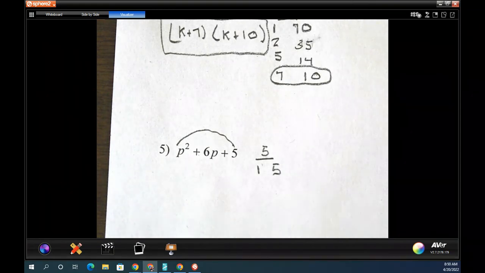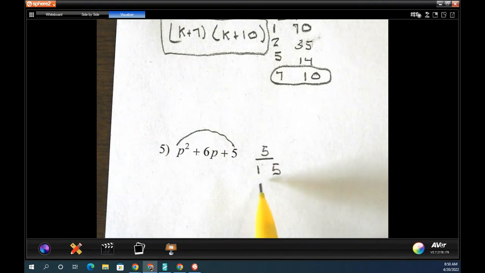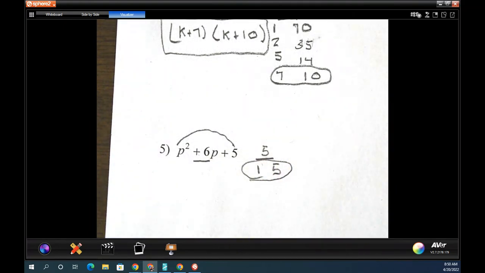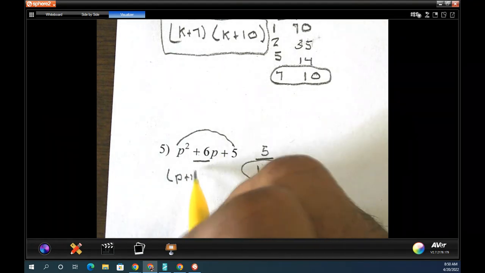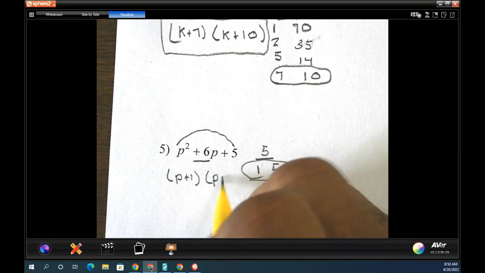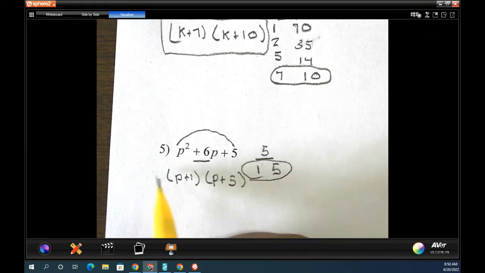So that's it. It's only just 1 and 5. Because 1 plus 5 is equal to what? 6. So your answer here would be p plus 1 times p plus 5. That's it.